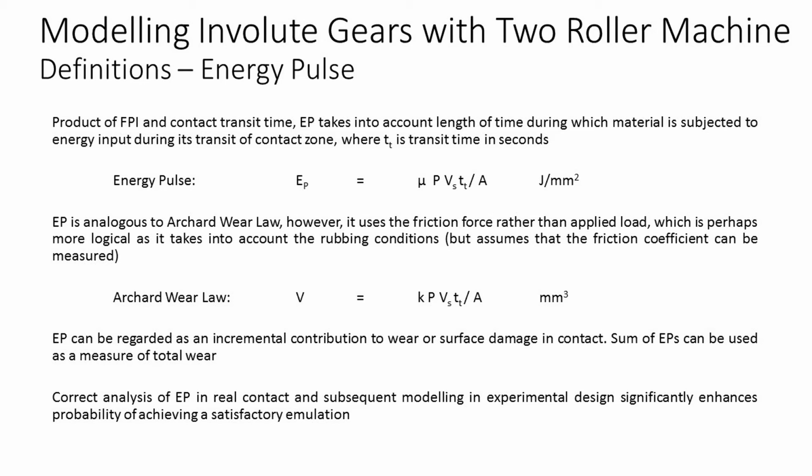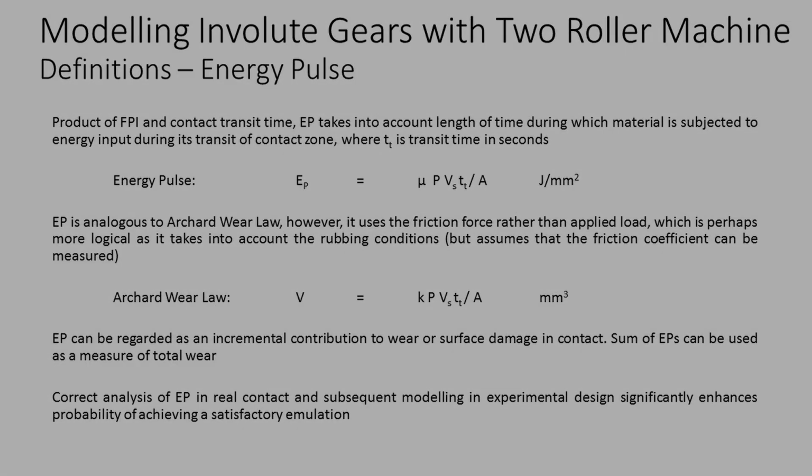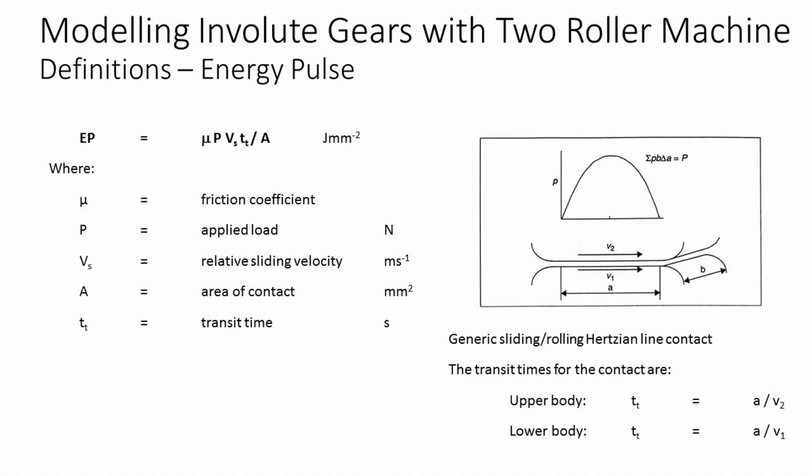Each energy pulse can be regarded as an incremental contribution to wear or surface damage in the contact, and the sum of the energy pulses can be used as a measure of the total wear. Correct analysis of the energy pulse in the real contact and subsequent modelling in the experimental design significantly enhances the chances of achieving a satisfactory emulation of sliding and combined sliding and rolling contacts.